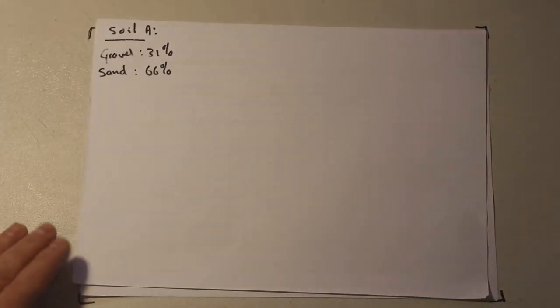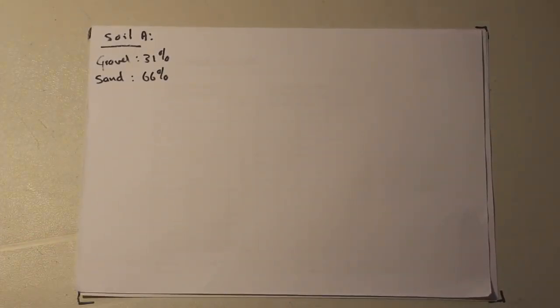Now normally I would stop and ask, where do I get the 66% from? But if you look at the table again of the soil composition and you remember the classification or groupings we said, you will find that 69% of the material passes through the sieve that defines the upper limit of sand, but there is 3% of material that goes through the sieve that determines the upper limit for silt, and therefore it's 69% minus 3%.